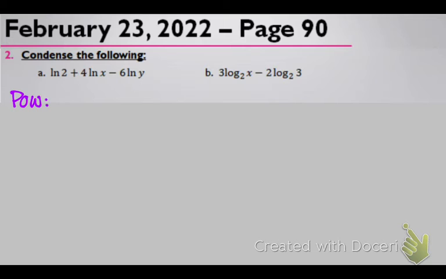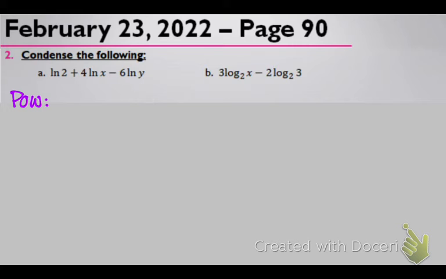I am doing my power rule first. It does say POW, short for power, if that helps you remember it. So what am I looking for in my expression to tell me if I need exponents?